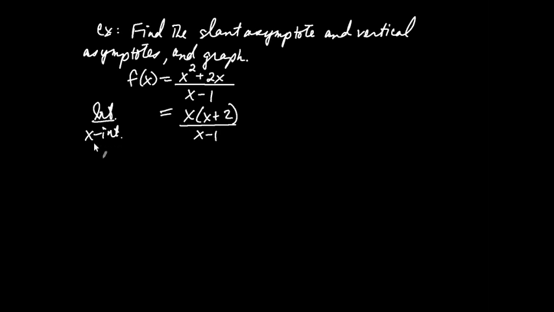Setting y equal to 0, we get 0 equals x times (x plus 2) divided by (x minus 1). This is true when x is 0 and when x is negative 2. So our x-intercepts are (0, 0) and (negative 2, 0).